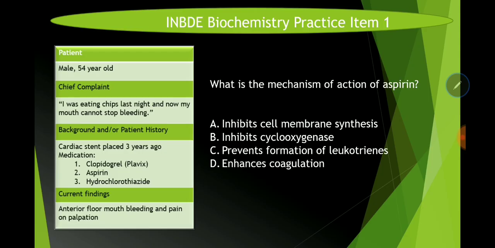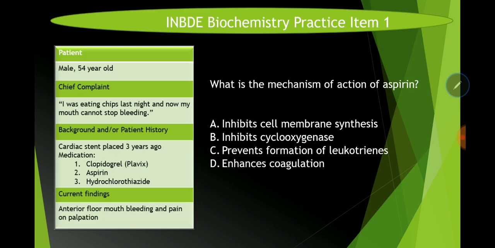So this is practice item 1. We have a 54-year-old male patient who comes in with a chief complaint of, "I was eating chips last night and now my mouth cannot stop bleeding."